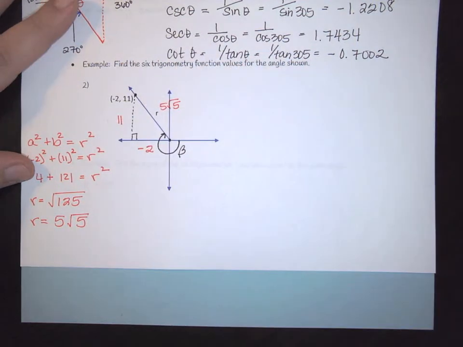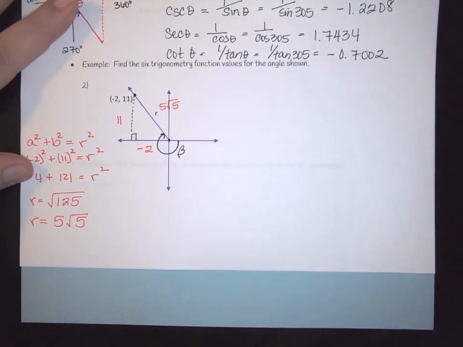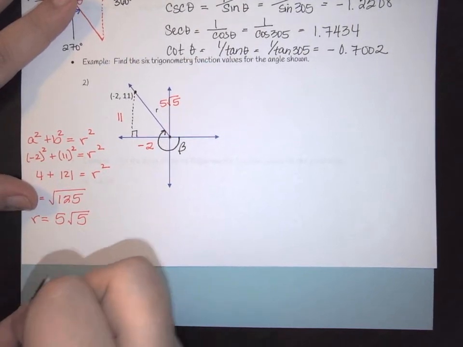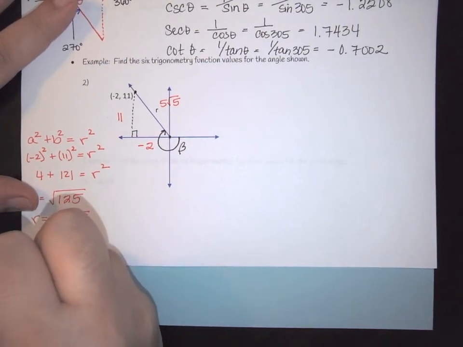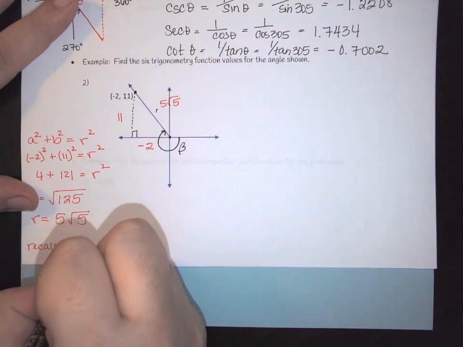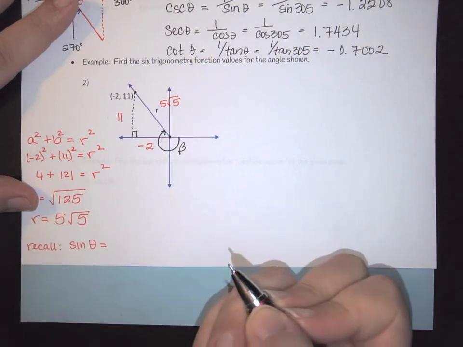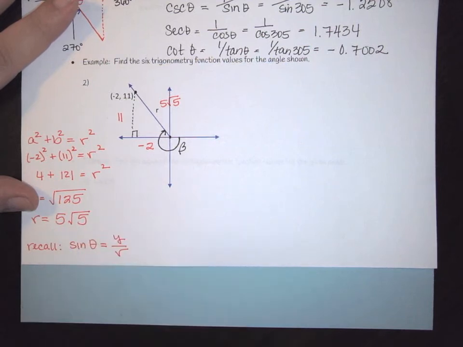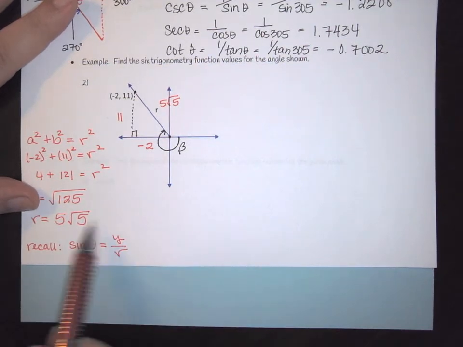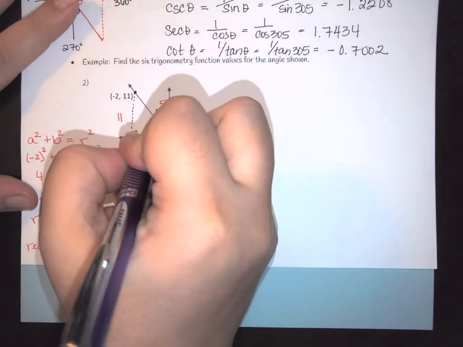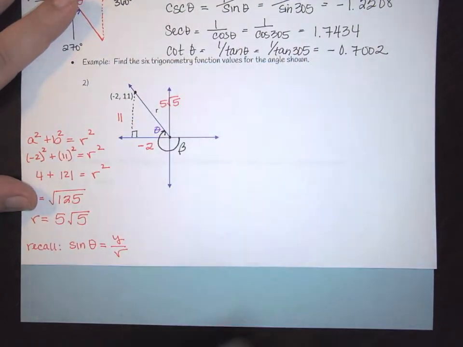So once you know that, now again, we can find our functions. And we use that because we need to remember that the sine of your angle was equal to y over your radius. So we're going to take this idea and we're going to apply it using your angle down there.